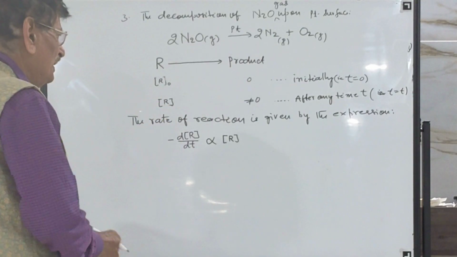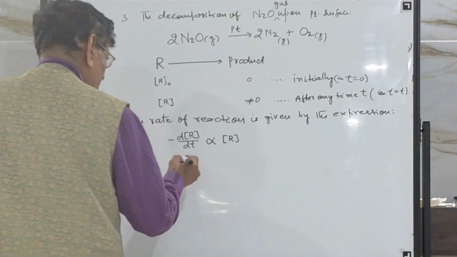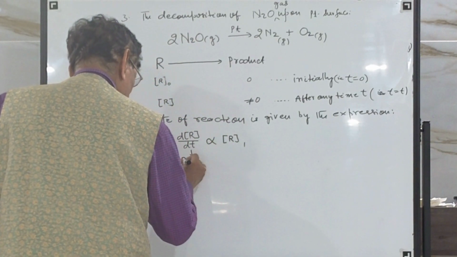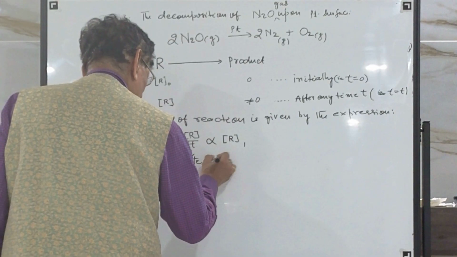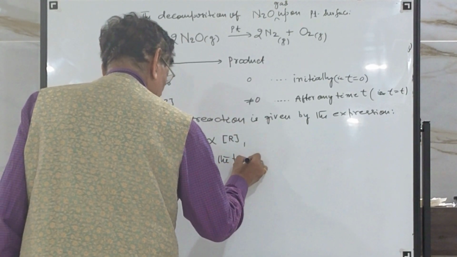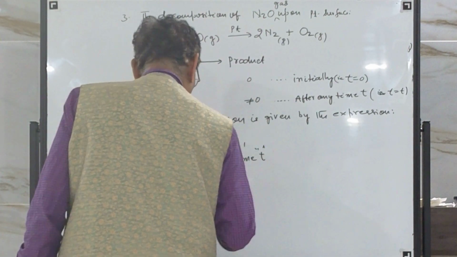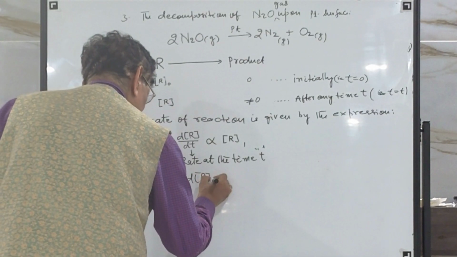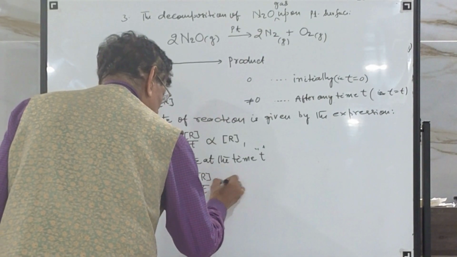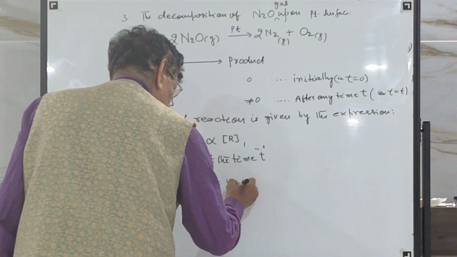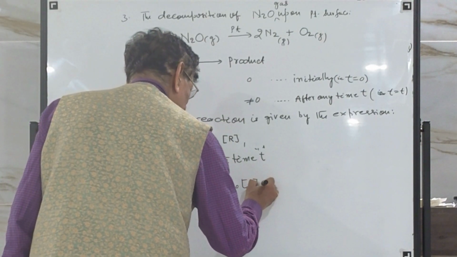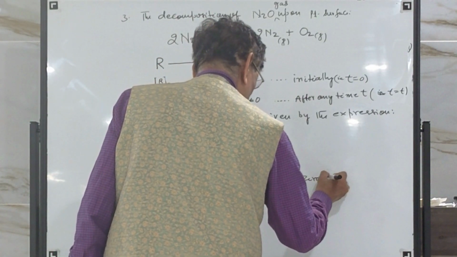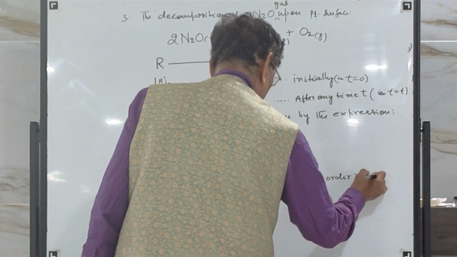So we have the rate at time t, minus dR by dt, equal to k naught into R to the power zero. k naught is the zero order rate constant.